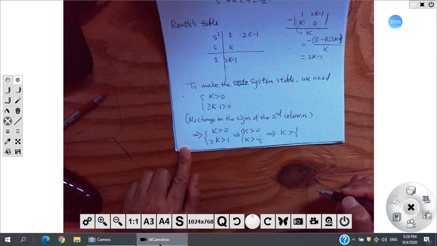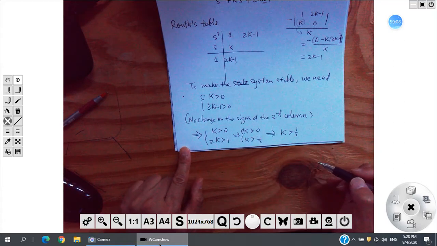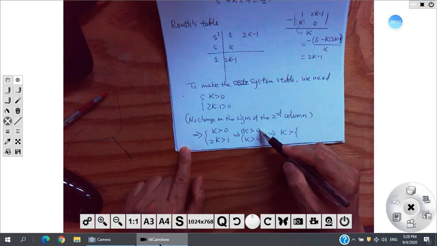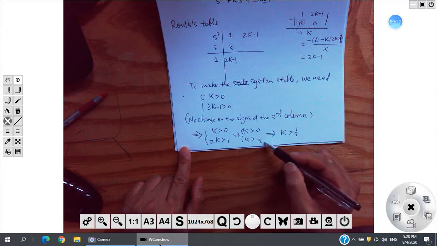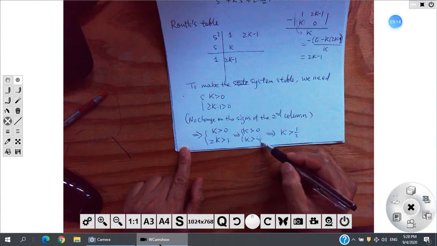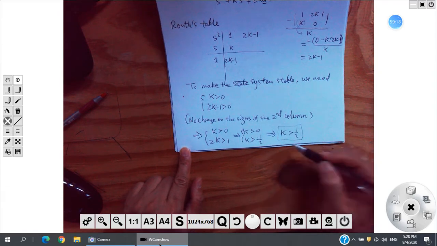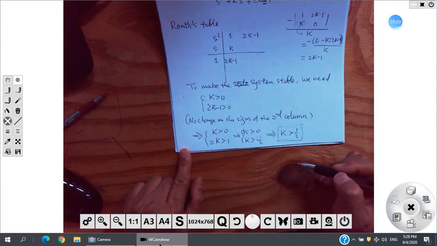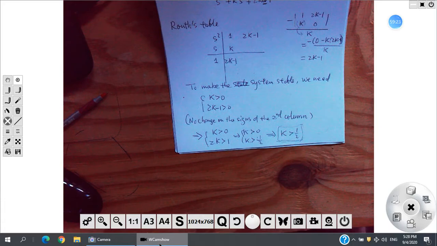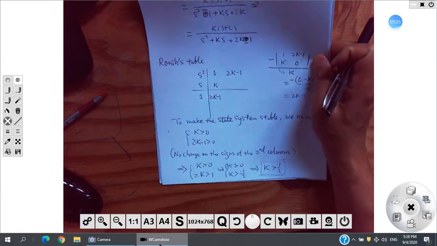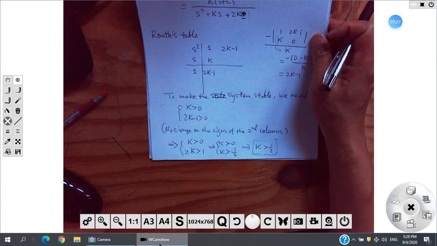If it's just larger than 0, then k still has a chance of being smaller than 1/2. We want both satisfied, so by this k we can make sure the system is stable.